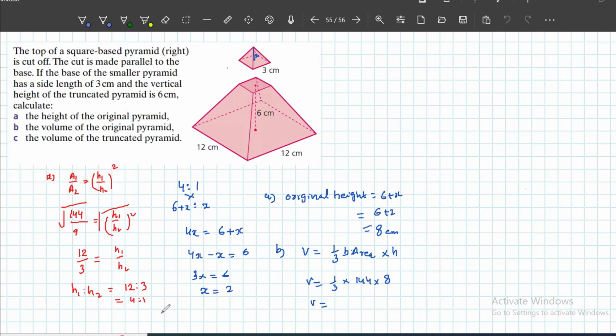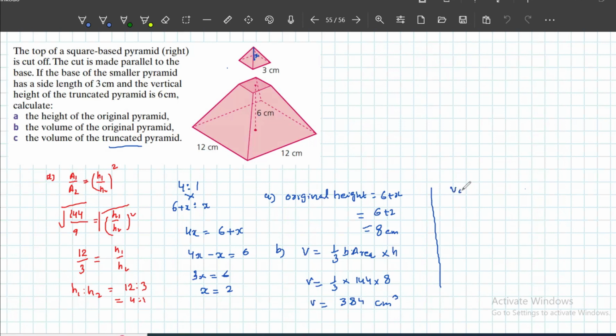So it gives us 144 multiplied by 8, divided by 3, which is 384 centimeters cubed. And lastly, we can find the volume of the truncated pyramid. For that, we need to know the volume of the smaller pyramid.